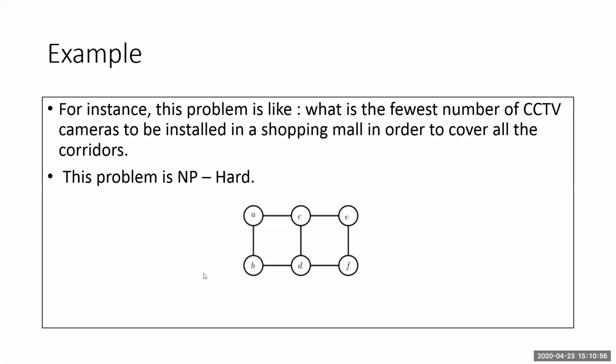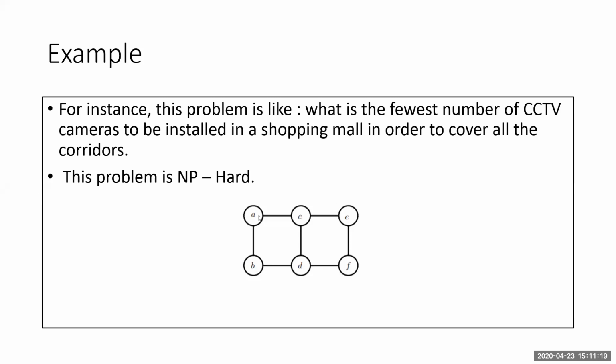For example, if this is the map of that shopping mall, and these vertices are the endpoints of the walls, where all do you have to install the CCTV cameras such that the entire shopping mall can be covered? That is what the question is all about.